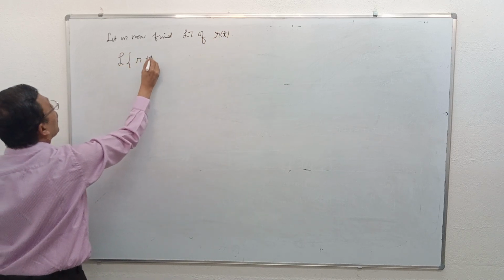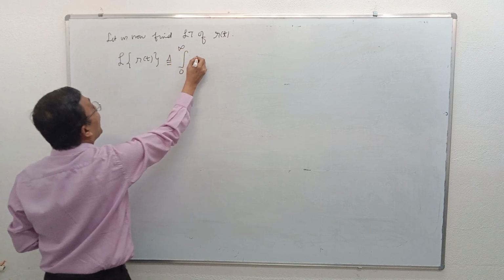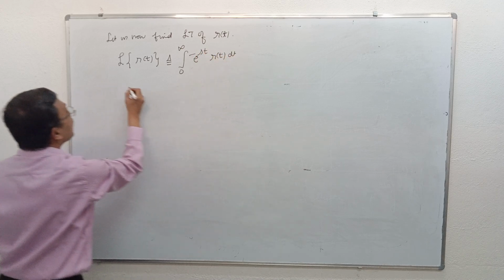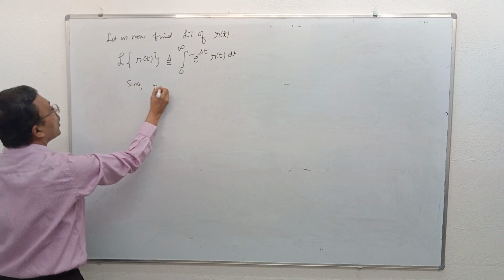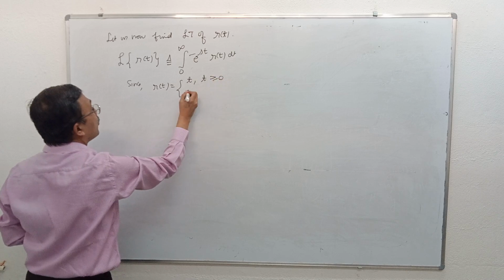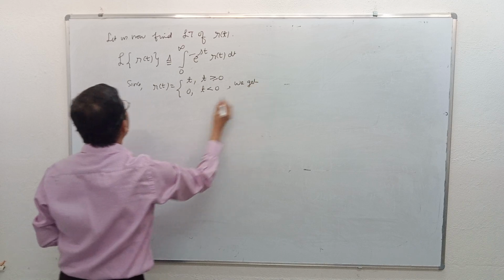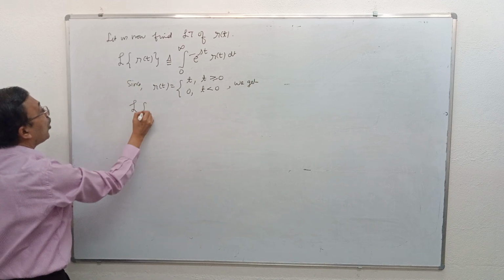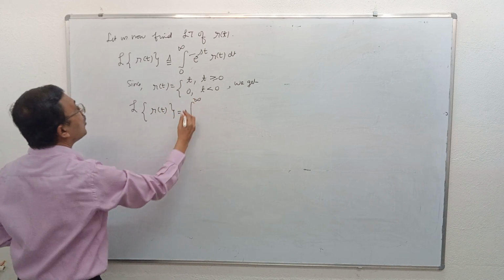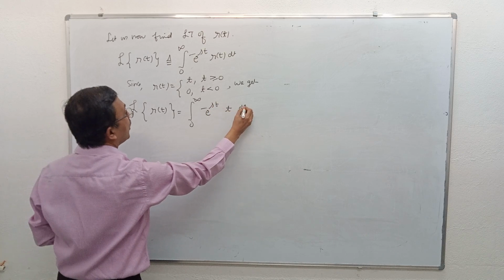Laplace transform of r of t by definition is integration from 0 to infinity e to the power minus st into r of t dt. Since r of t is equal to t for t greater than or equal to 0, and 0 for t less than 0, we get Laplace transform of r of t equals integration from 0 to infinity e to the power minus st. What is r of t? r of t is t, dt.